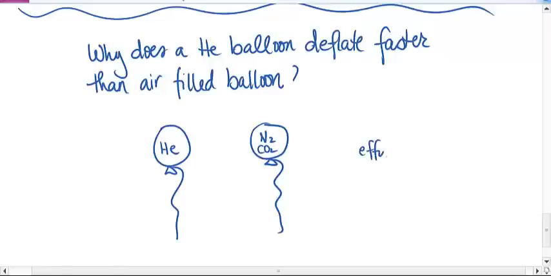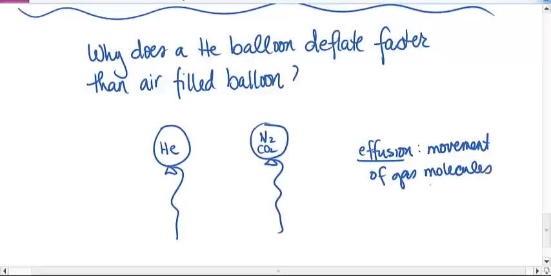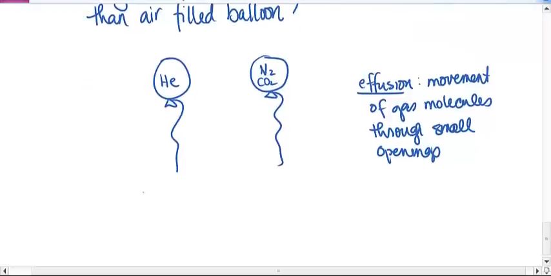And so we need to understand the process of effusion, which is the movement of gas molecules through small openings. In other words, the helium balloon effuses faster than the air-filled balloon effuses.